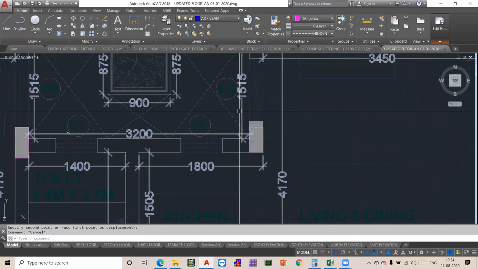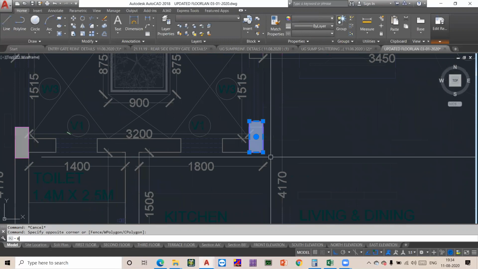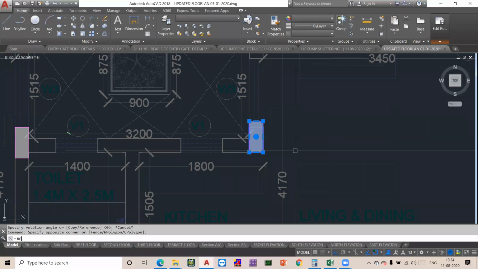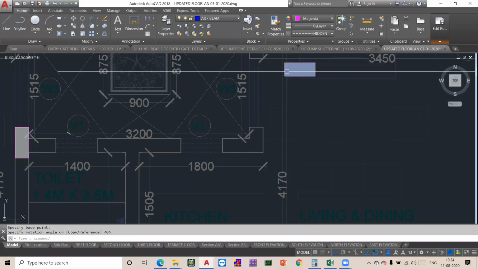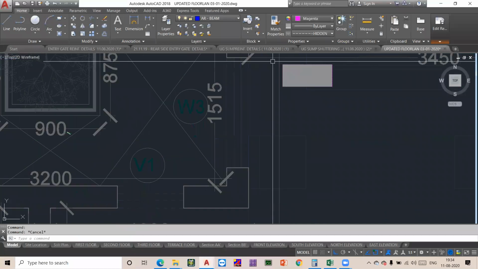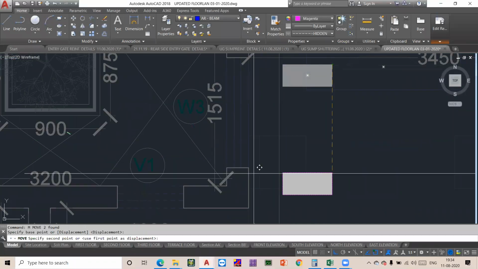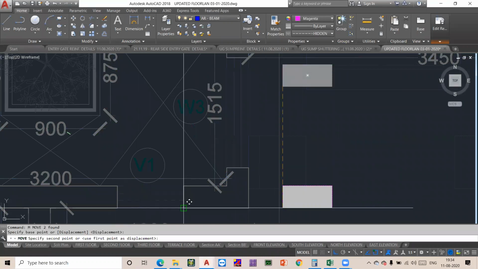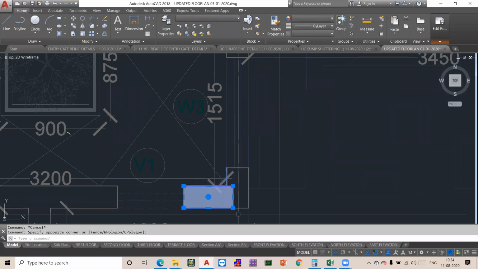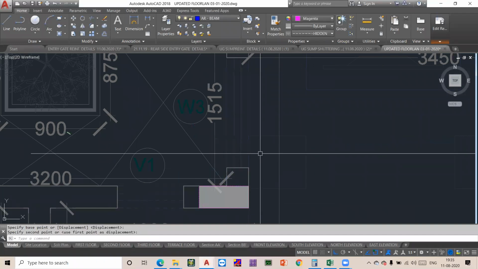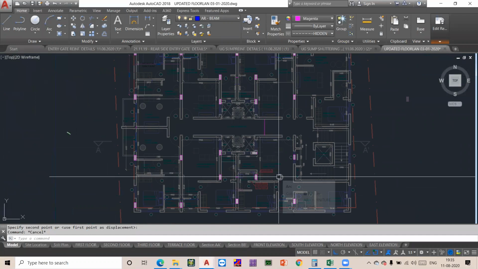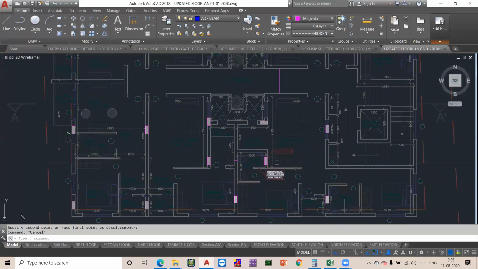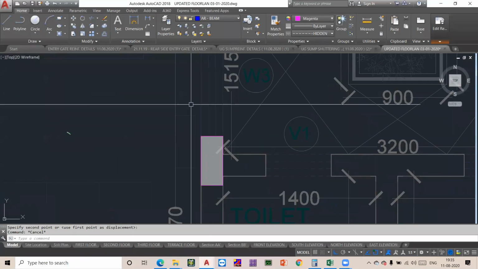So the other option I have is reorienting my column. I will be rotating this column. Okay, and I will be reorienting the same. Likewise, you will have to check the possibilities of each and every column.